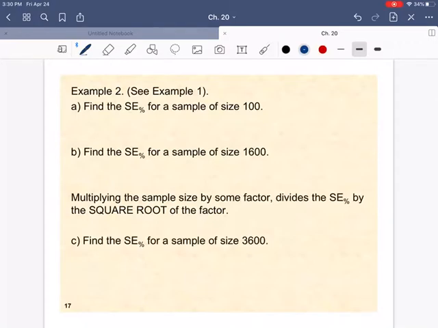Okay, now we need to find the SE percent for a sample size of 100. So SE percent is 0.2 times 0.8 square rooted, divided by the square root of the number of draws. And for the sample size of 1600, we also need the SE percent. So we're going to do the square root of 0.2 times 0.8 divided by the square root of 1600.